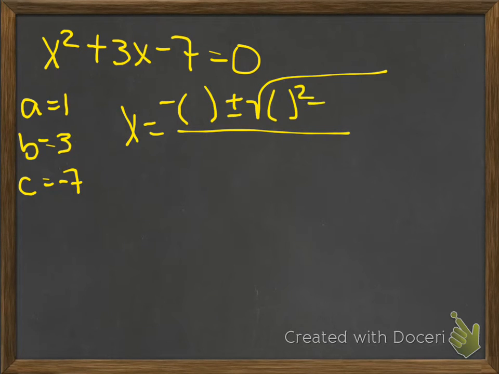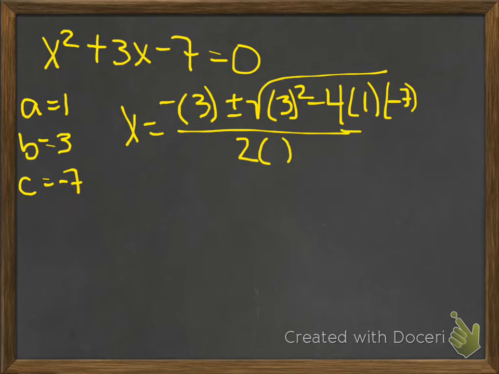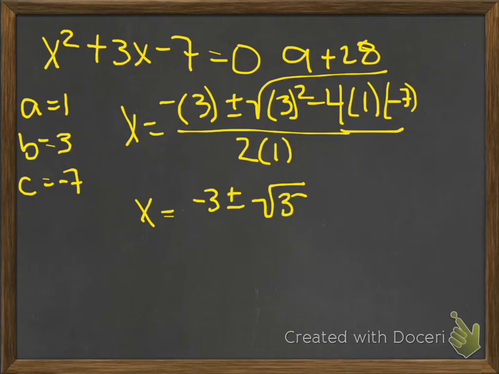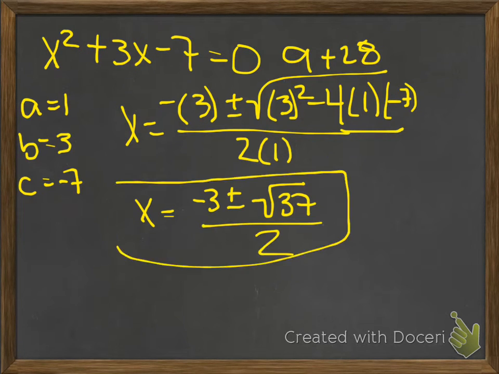And again, see me putting down the parentheses first because I take care of all that. Then I got 3, 3, 1, -7, and 1. Plus and minus. You got 9 plus 28. Square root of 37, over 2. Nothing you can do about that. That's it. You're done. There's nothing to divide. 37 is a prime number, so you can't simplify it further.